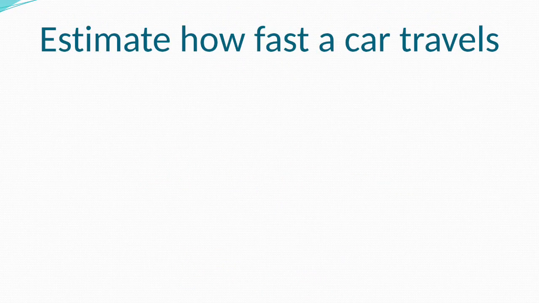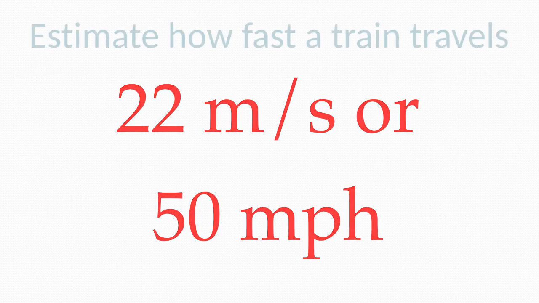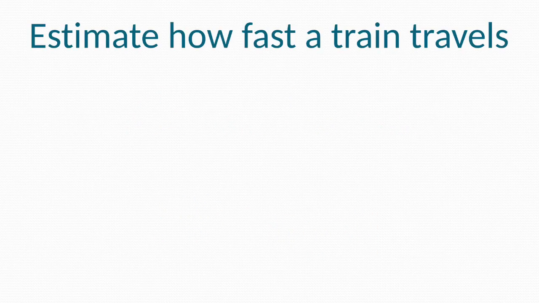Now I'd like you to try and estimate the average speed of a car. An estimate of about 22 meters per second or 50 miles per hour would be about average. Using what you've learned about the speed of cars, I'd now like you to try and estimate the speed of a train.